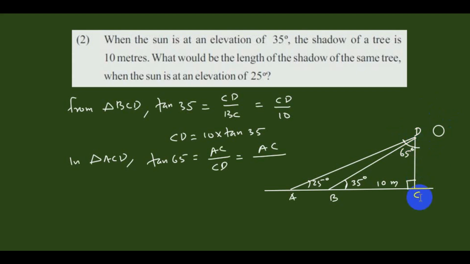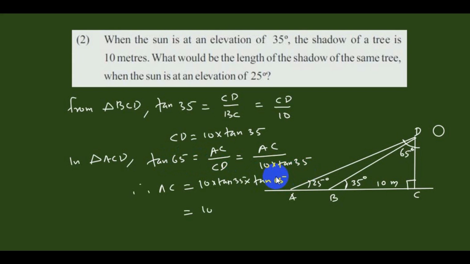CD is this height of the tree, which we know now: 10 into tan 35. Therefore, tan 65 is equal to AC by 10 tan 35. Cross multiplying, AC is equal to 10 into tan 35 into tan 65.